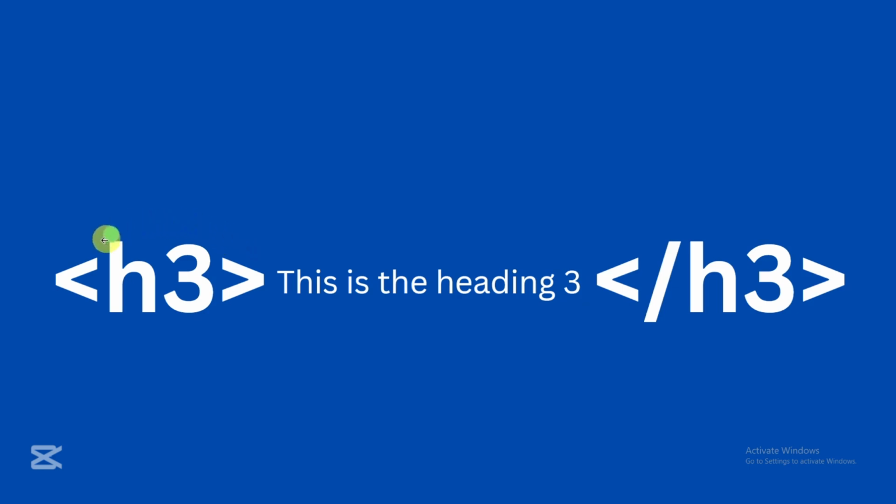You have your opening H3, closing H3, then the content. This is heading 3. You would follow this same process for any type of heading you'd want to display on the web page.